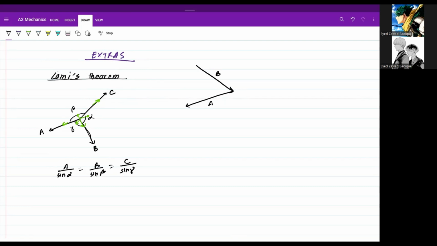And this is considered C because it's going this side. Now, how to assign the angles?